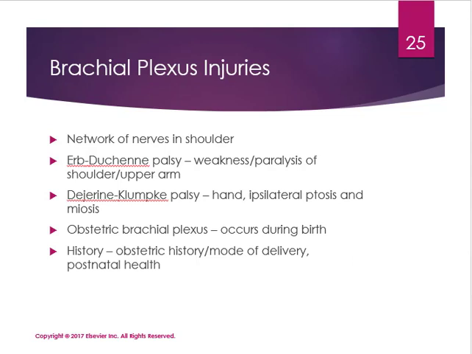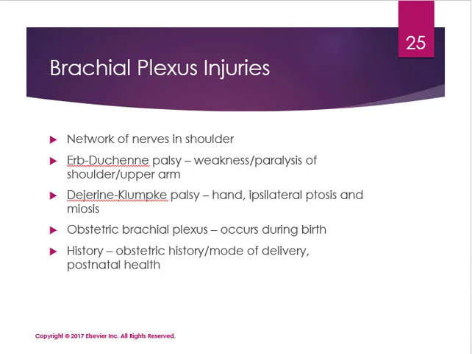Next, let's talk about brachial plexus injuries. We know that the brachial plexus is a network of nerves in the shoulder that originates in the spinal column and enables movement and sensation in the shoulder, the arms, and the hands. Injuries that occur in this area during the birthing process may be known as an obstetrical brachial plexus palsy or a neonatal brachial plexus palsy, and these are the ones that we're going to talk about in this section.